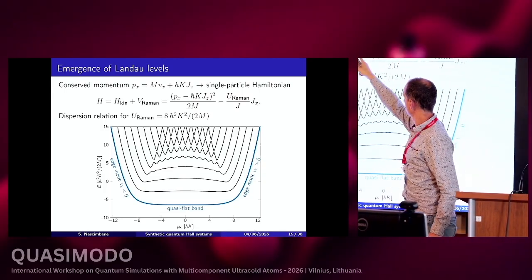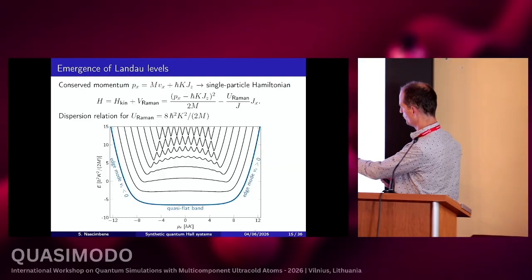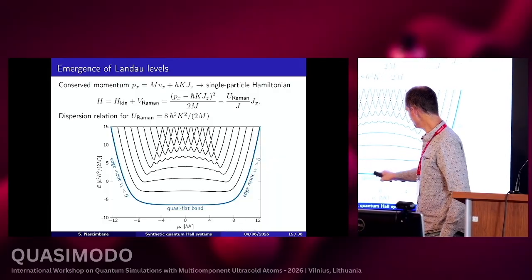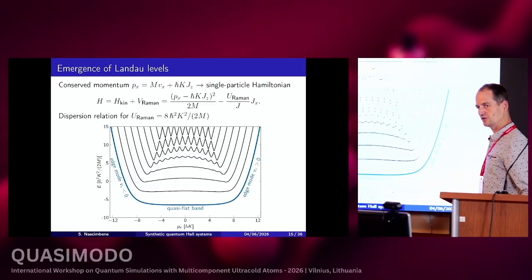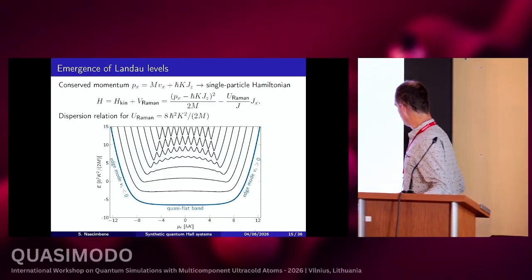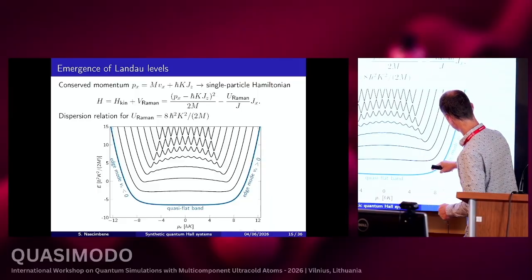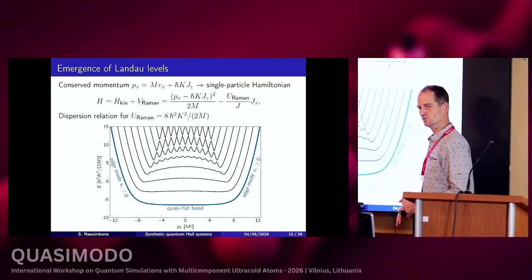This is conserved by the Raman transitions. And what you see is that in the middle you have a series of quasi-flat bands that are the equivalent of Landau levels. And on the side of this dispersion relation, you recover half parabolas that correspond to chiral edge modes.